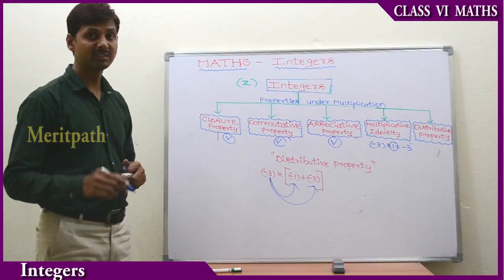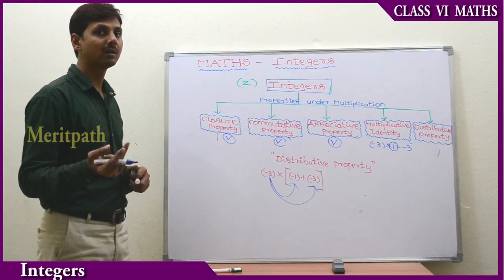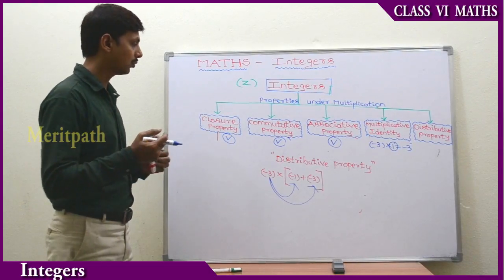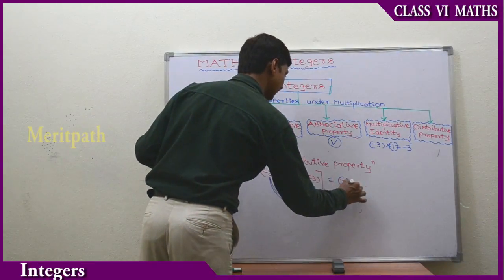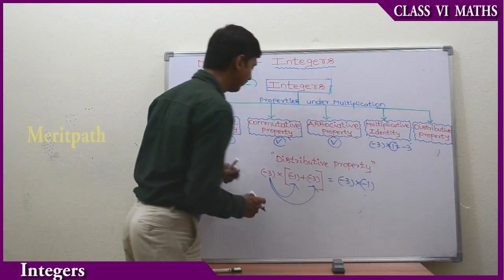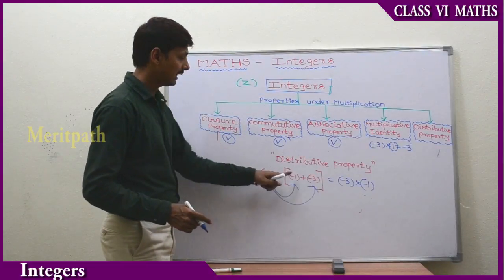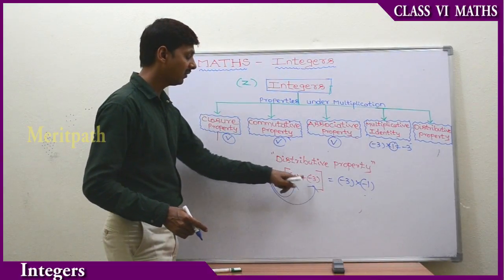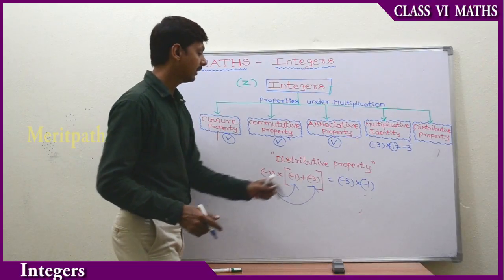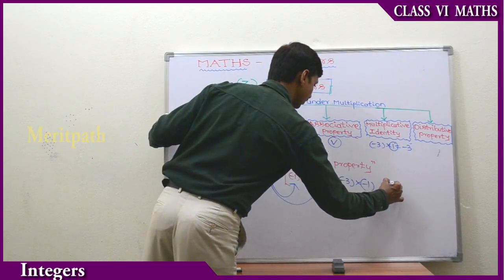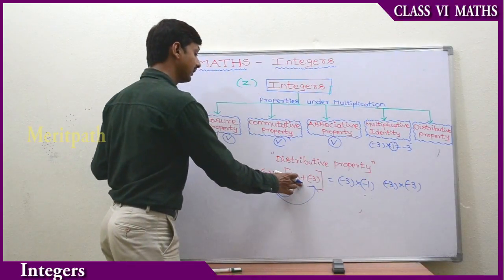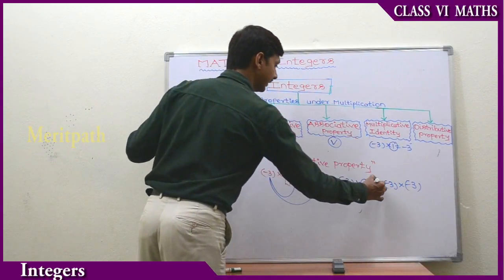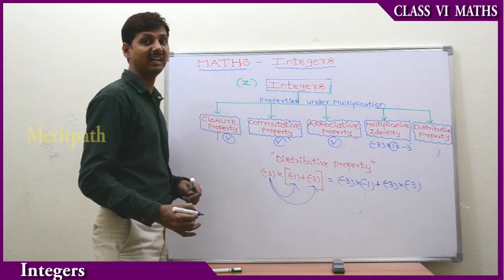We need to get the same result on the right hand side also. So let's simplify. Minus 3 into minus 1. We have distributed minus 3 over minus 1, and now we distribute minus 3 to minus 3 also. Minus 3 into minus 3. Between these two there is an addition symbol, so we take the addition symbol.